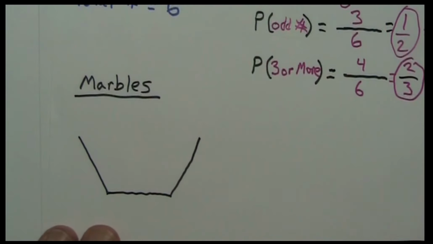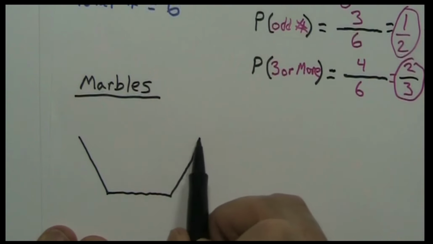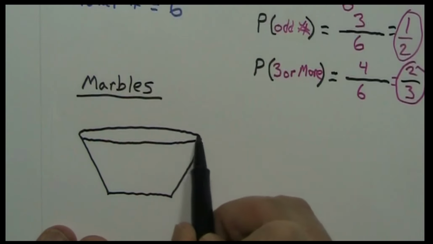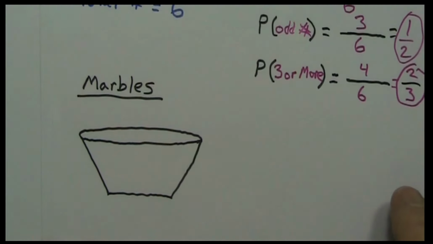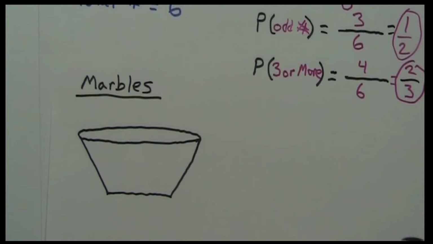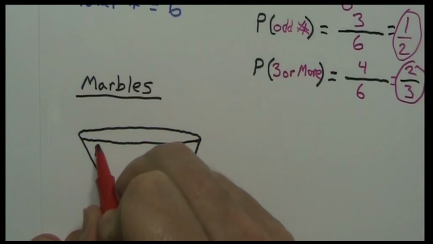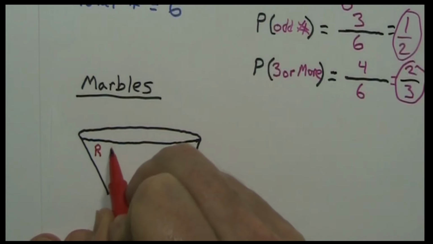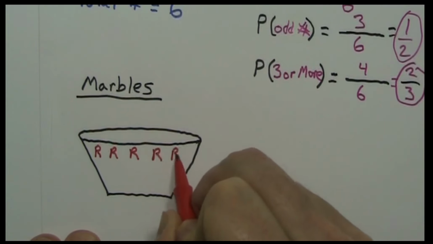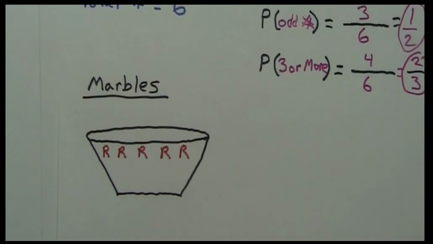Okay, now we come to doing marbles. I think maybe I'll just put it in a bucket instead of a bag. Something like that, a bowl, bucket, a pail. And so we're going to have different colored marbles in there. So let's say I have 5 reds, R for red.